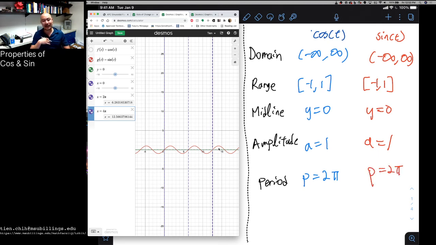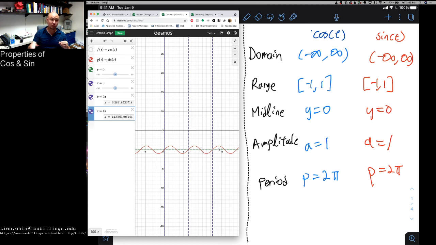So we have that sine and cosine share all of these properties. They both have a domain that's any possible real number. The outputs range from negative 1 to 1, because we're stuck on the unit circle. They both have midline 0. They both have amplitude 1 because your coordinates, whether it's x or y, can only differ by at most 1.